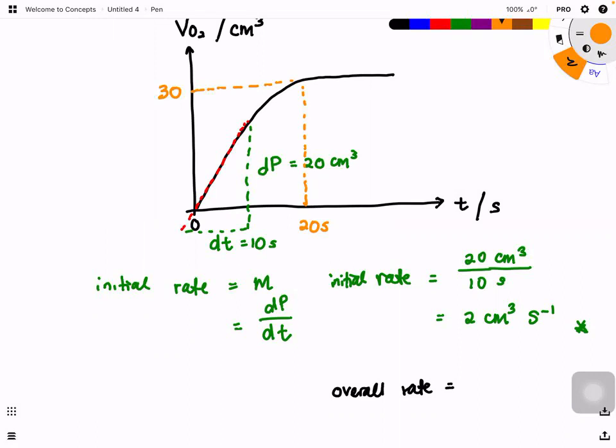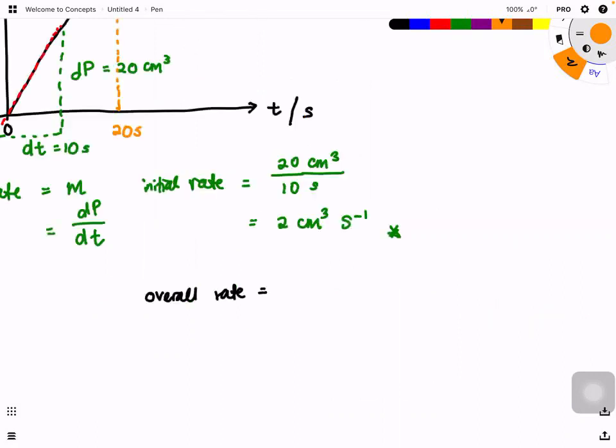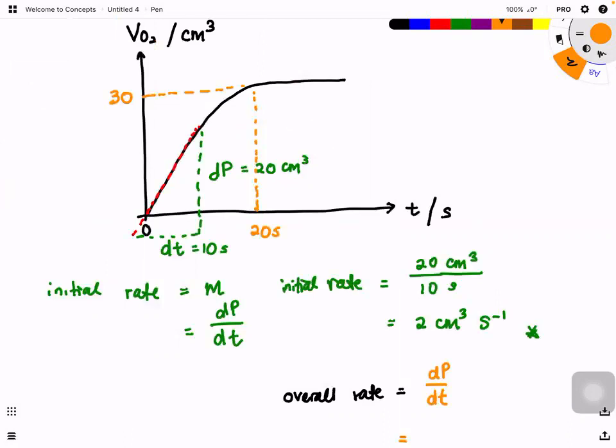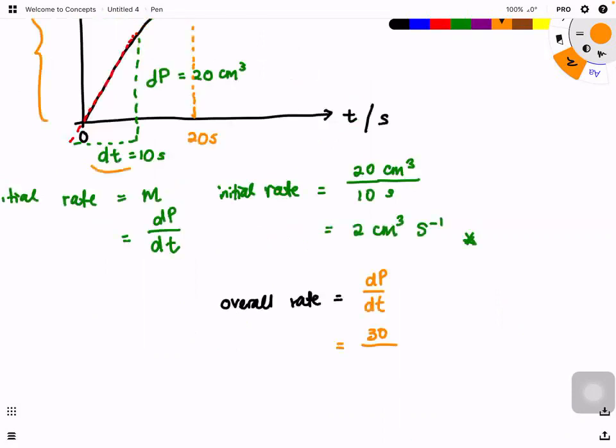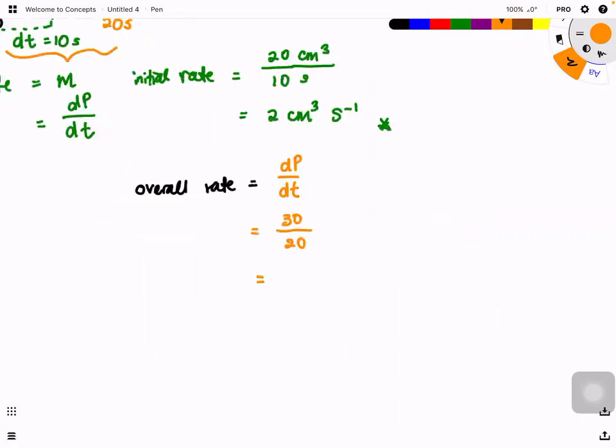So overall rate of reaction also equals dp over dt. But now dp here we take overall, so 30, dt overall here 20. So you get 1.5 cm3 per second.